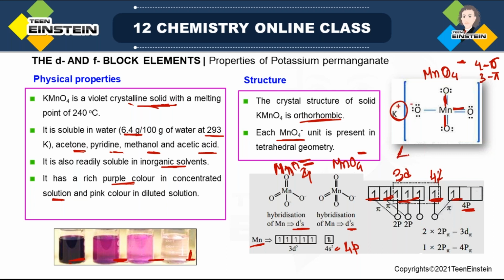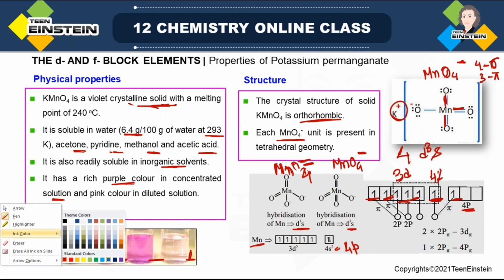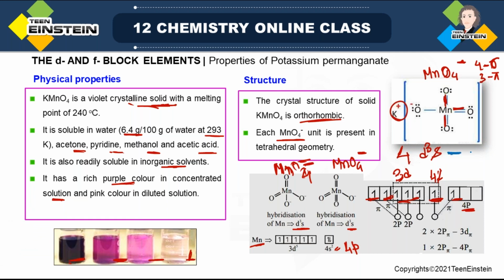That means after hybridization you get a total of 4 d3s orbitals, and each of these is used for sigma bond formation, total 4 sigma bonds. All these are by d3s, and these 3 electrons which are not taking part in hybridization will be used for pi bond formation.